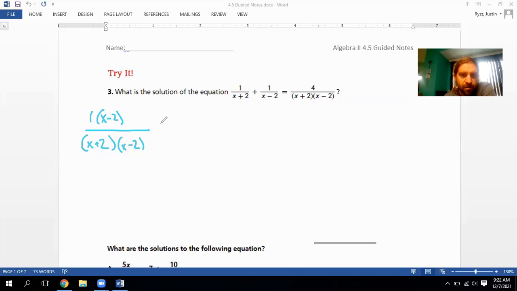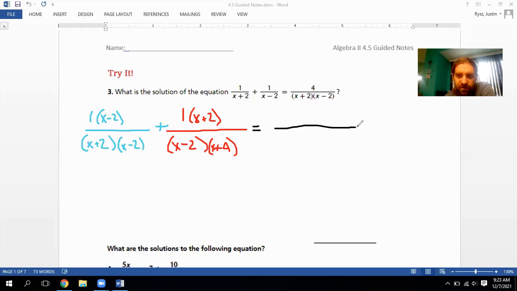Plus this one here needs an x plus 2, because it already has an x minus 2. And then the one at the end, we don't have to do anything to, so we're just going to leave the 4 alone because it already has an x plus 2 and x minus 2.